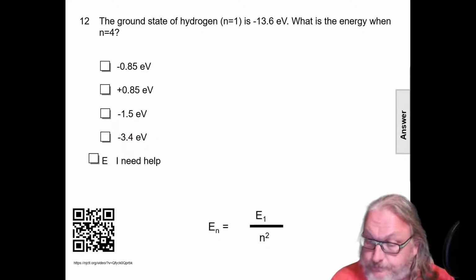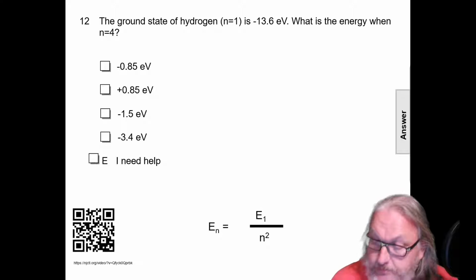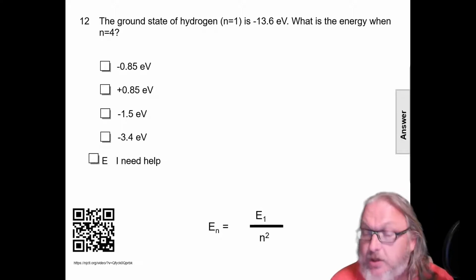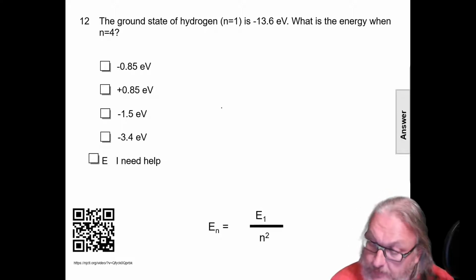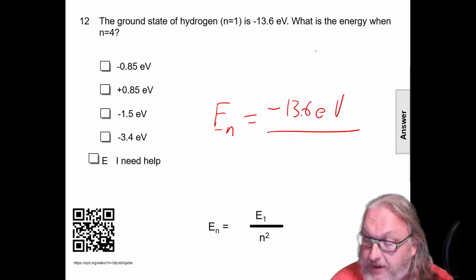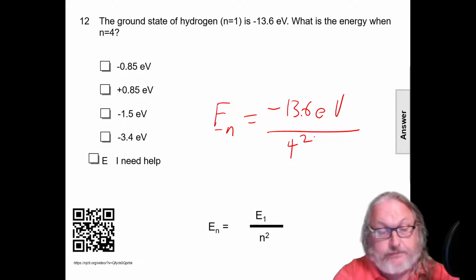So the ground state of hydrogen at n sub 1 is minus 13.6 electron volts. What's the energy when n equals 4? Well, again, E sub n is equal to E sub 1, minus 13.6 electron volts, and then I divide by 4 squared, or 16.